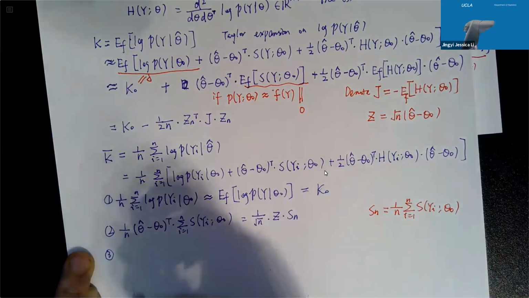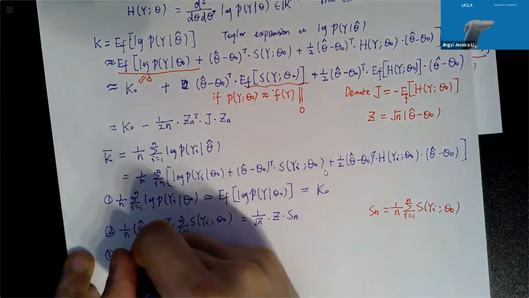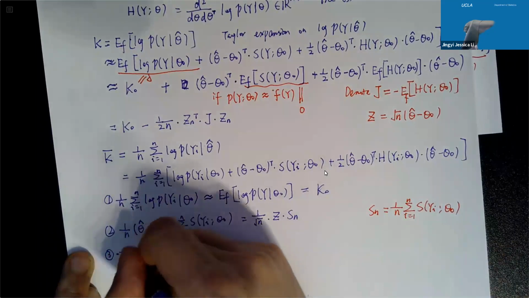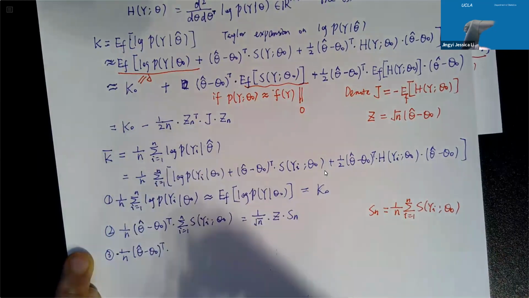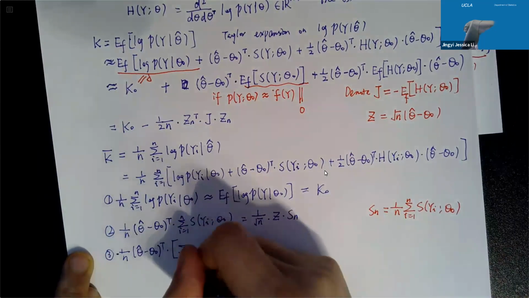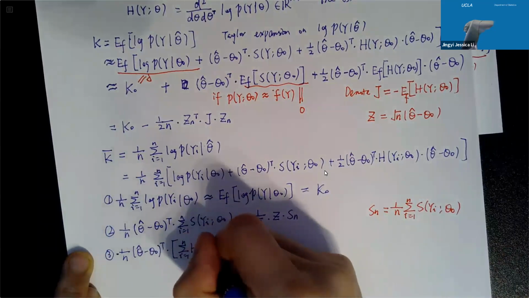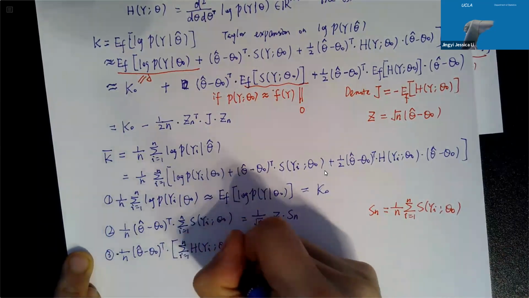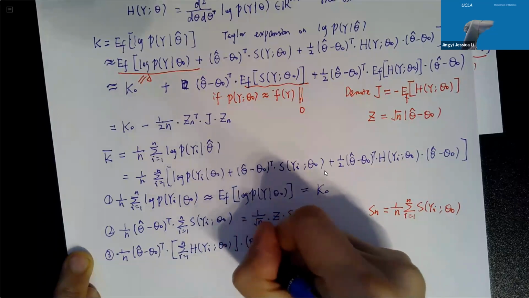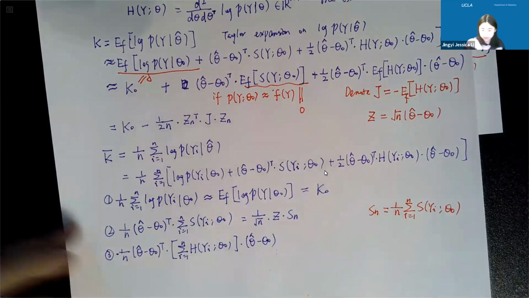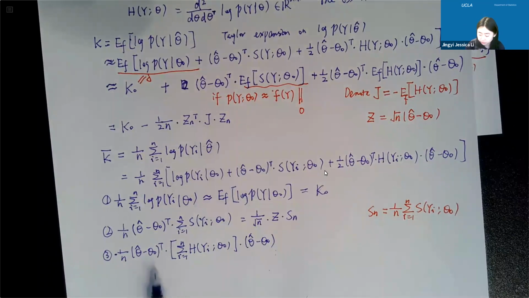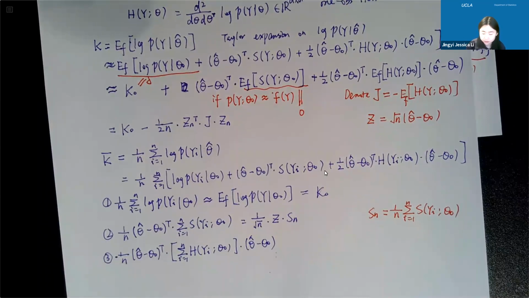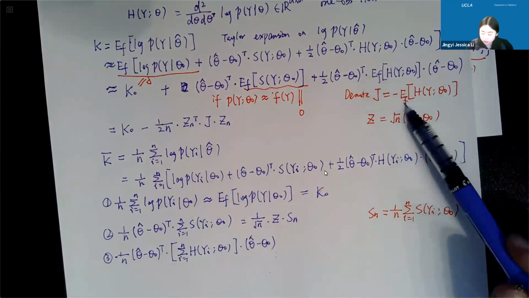So I'm left with 1 over n times theta hat minus theta 0 transpose times the summation over i from 1 to n of the Hessian H(y_i, theta 0) times theta hat minus theta 0. That's the third term. Now I can use another approximation, that of this average.